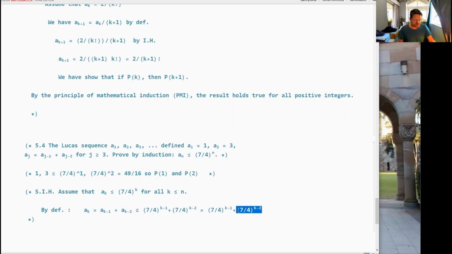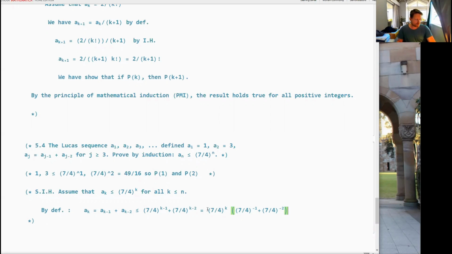I want to factor out 7 over 4 to the power of k. That'll be easier. So okay, I'll copy this, put it out the front, and then get rid of that minus 2. So what I'll have now, 7 over 4 to the power of minus 2 there, because we've taken out 7 over 4 to the power of k, and I'll get rid of the k in the exponent there as well.